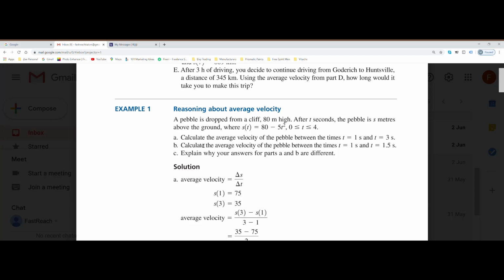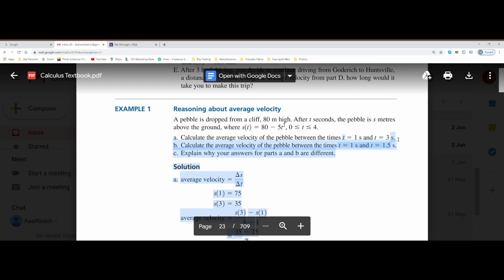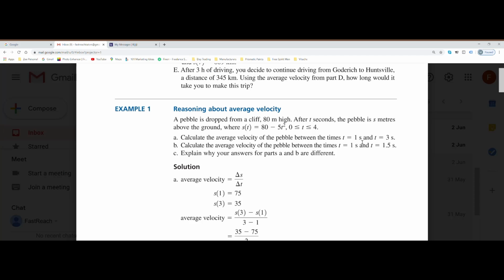Calculate the average velocity of the pebble between times t equals 1 second and 3 seconds. If you see this gives you 2 points, so you know that you need to use the average velocity equation.